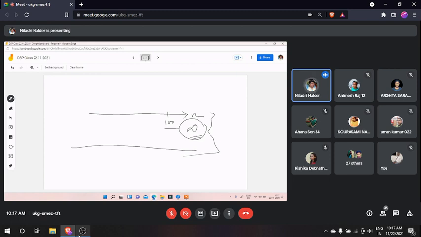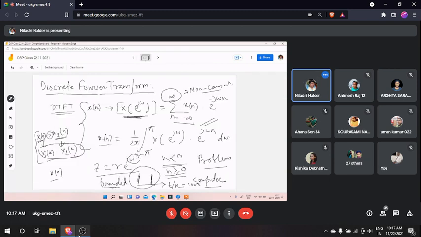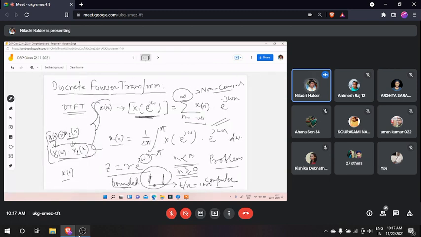So what you need to do, that equation that you have, X(e to the power j omega) is equal to the sum from minus infinity to infinity of xn e to the power minus j omega n, that sequence you need to mention in a finite range, but you have to keep in mind that the result must be the same.